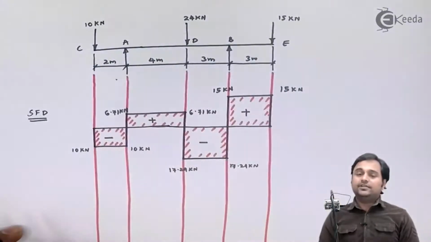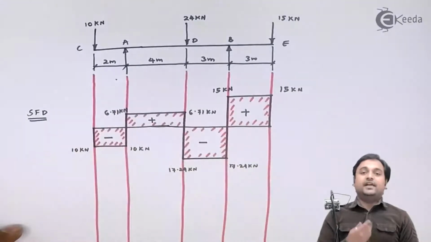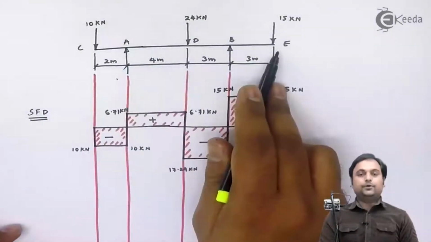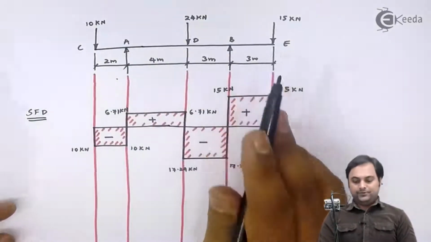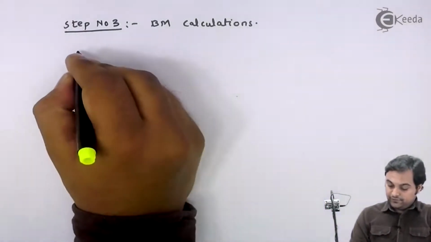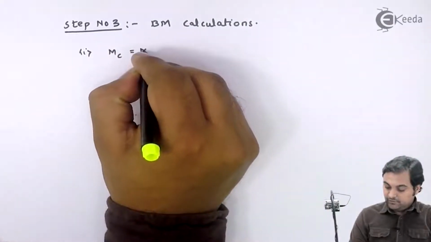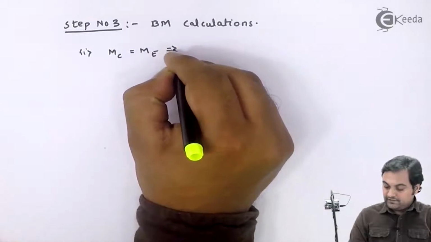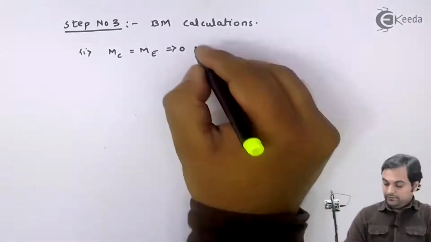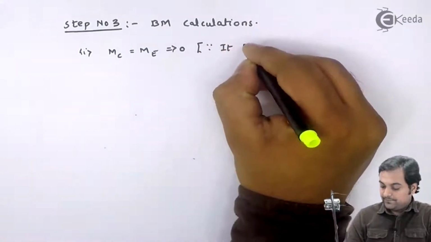So for overhanging beam, at the ends which are free, that is the end which is hanging at point C, at point E, the bending moment will be 0. So here I can write it as, first of all, moment at C is equal to moment at E, that is equal to 0, since it is overhanging beam.